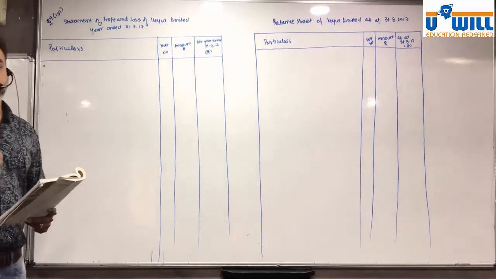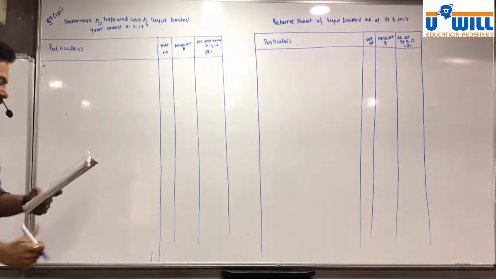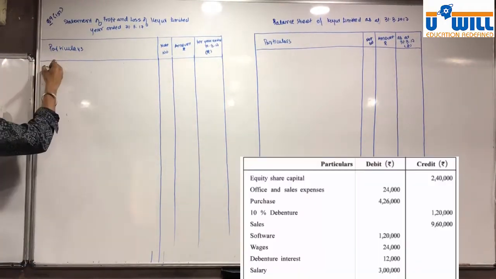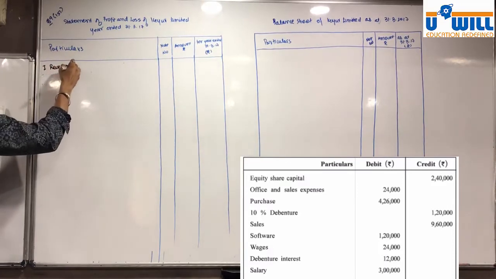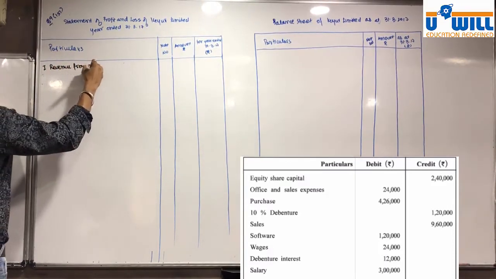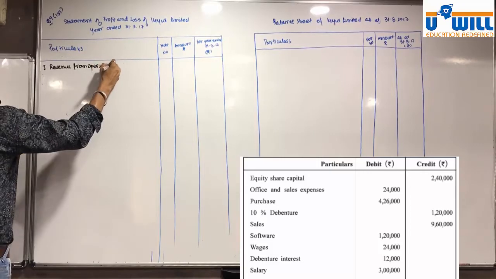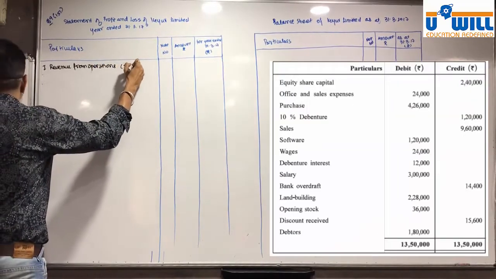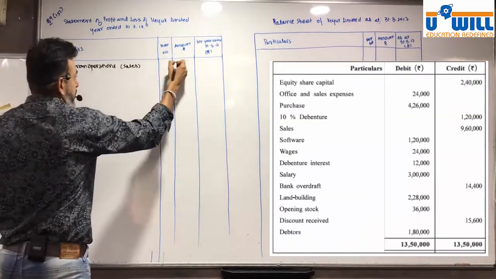What we do first is we'll prepare profit and loss. So let's start with revenue from operations. Sales 9,60,000.